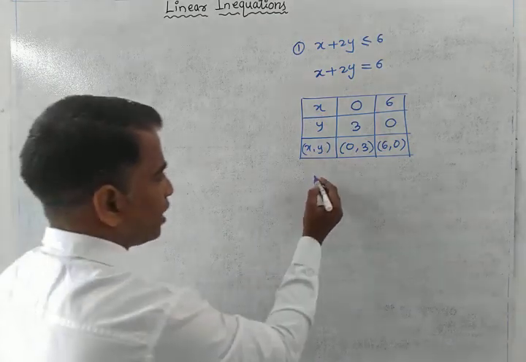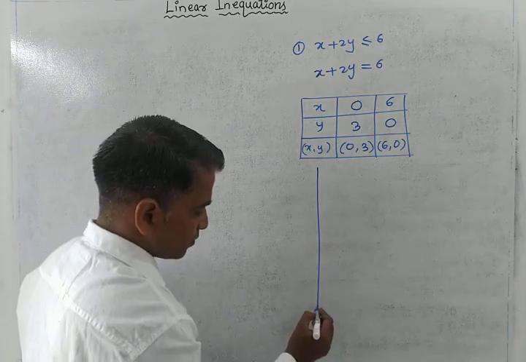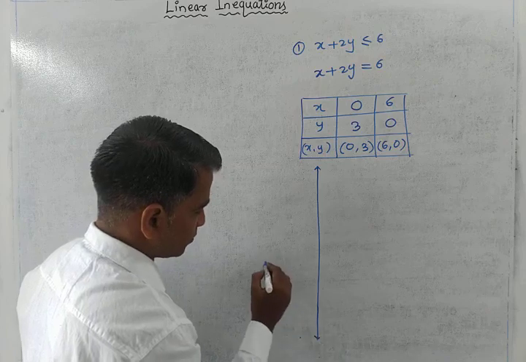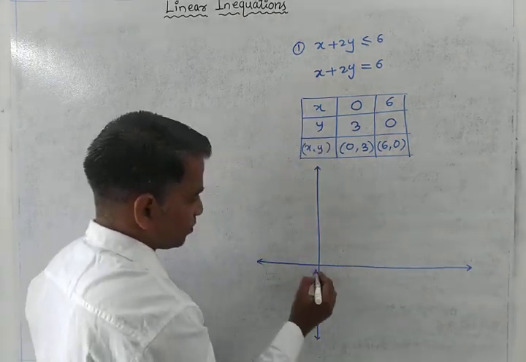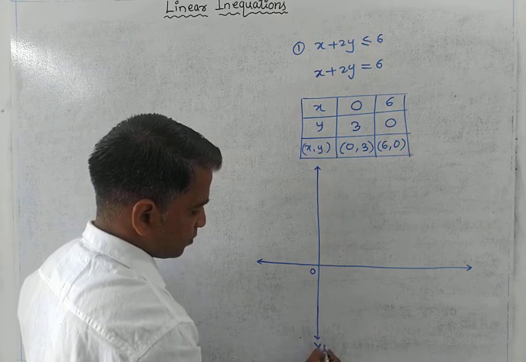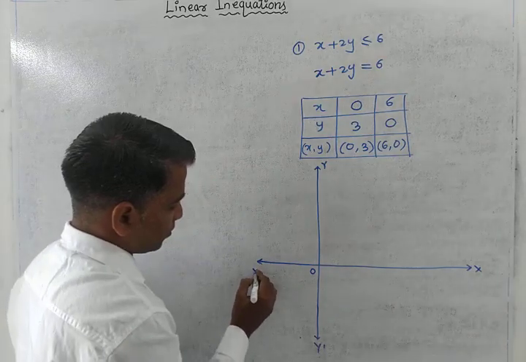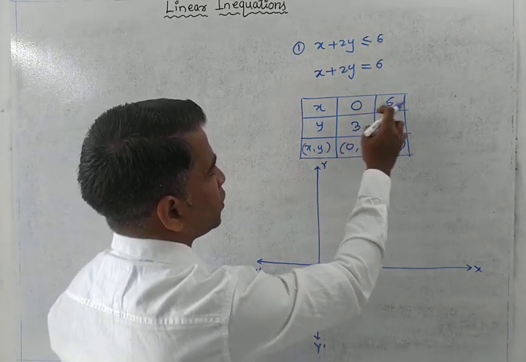So for this I start with drawing the coordinate axes. Now I will choose the points. On the x axis I want 0 and 6.